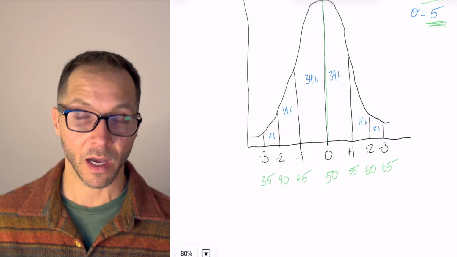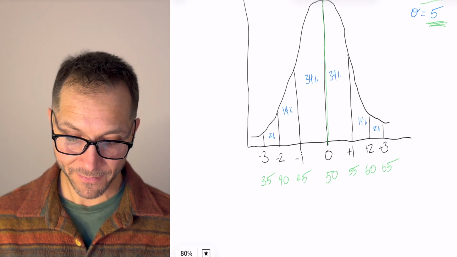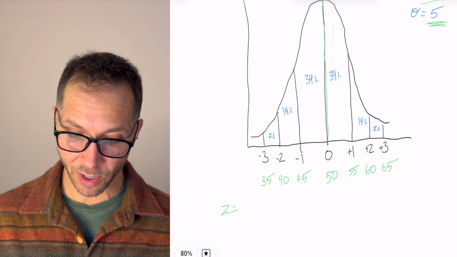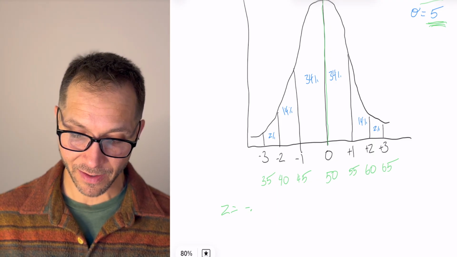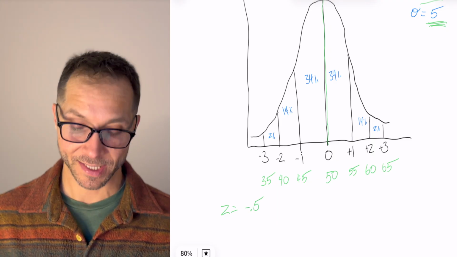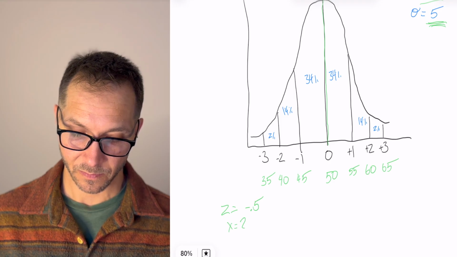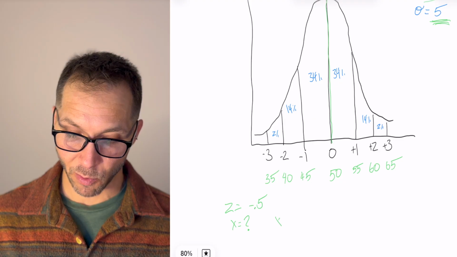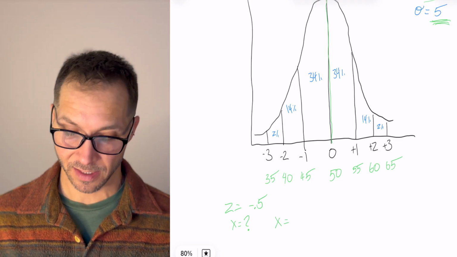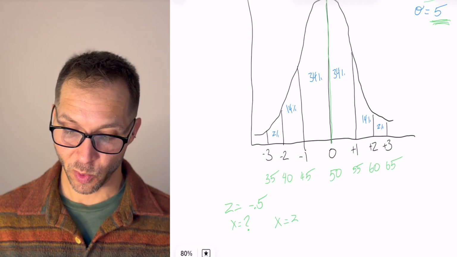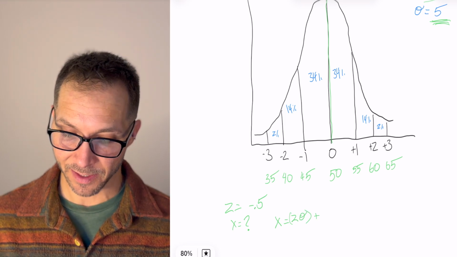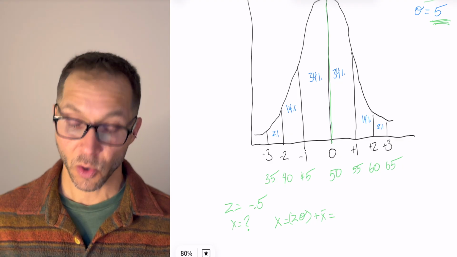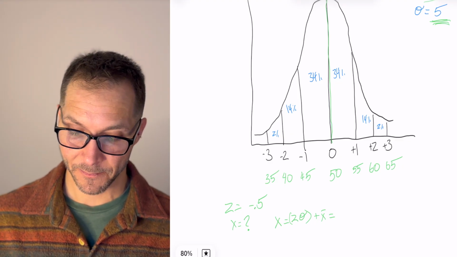Okay, friends. You have a z-score of minus 0.5. What's the x? Okay, let's go back to our formula. So if we want to find the x, we take the z, we multiply it by the standard deviation, and we add the mean. We have all of these numbers already.